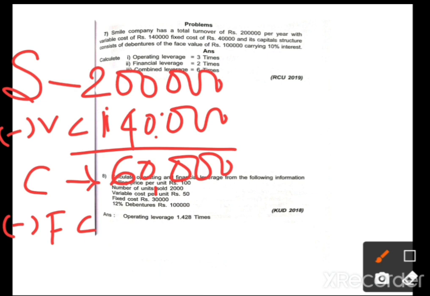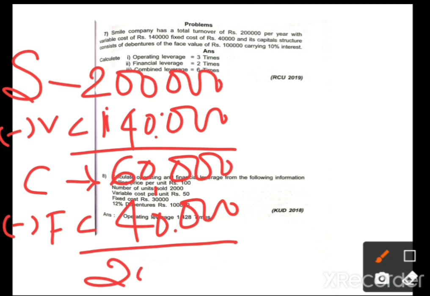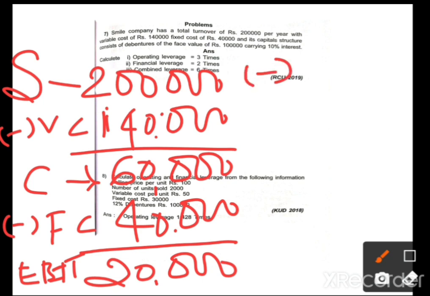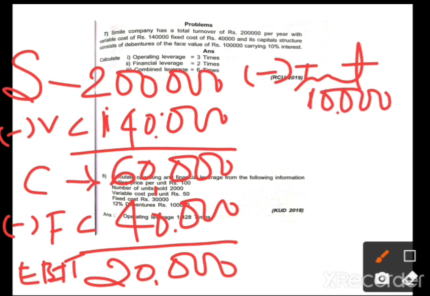The fixed cost is given in the problem, rupees 40,000, and we get 20,000, which is EBIT, earning before interest and tax. We'll continue. In that 20,000 EBIT, we have to minus interest. Interest is always given on debentures. 1 lakh into 10% is 10,000. 20,000 minus 10,000, we will get 10,000. What is this 10,000?